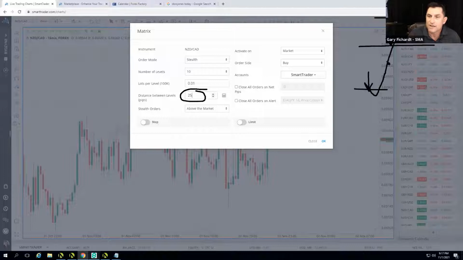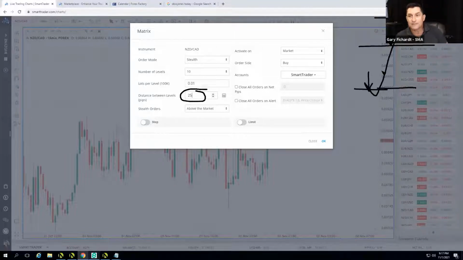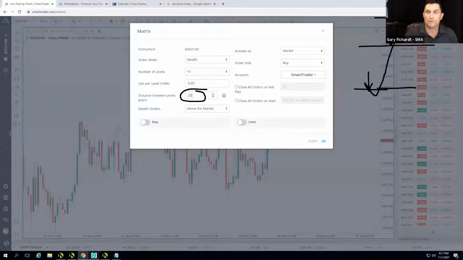Instead of 25 pips away from the first entry point, now I'm 40 pips away from the first entry point. What's just happened is the broker has given me positive slippage, which means I've got in 15 pips higher on a sell, and that's beautiful. That means I'm getting in at a much better price.